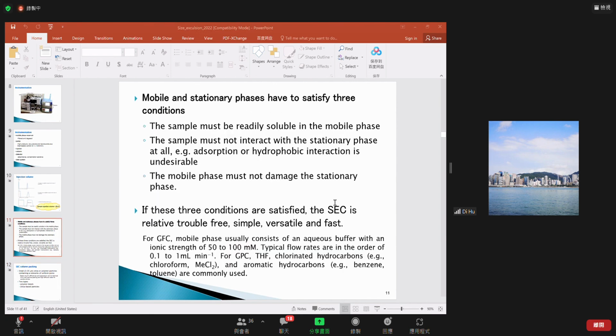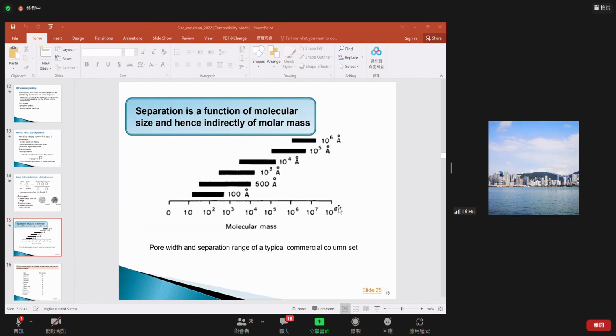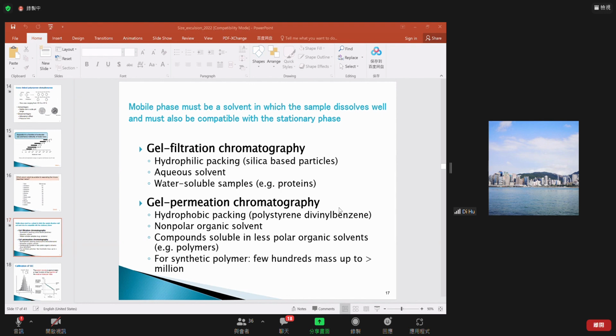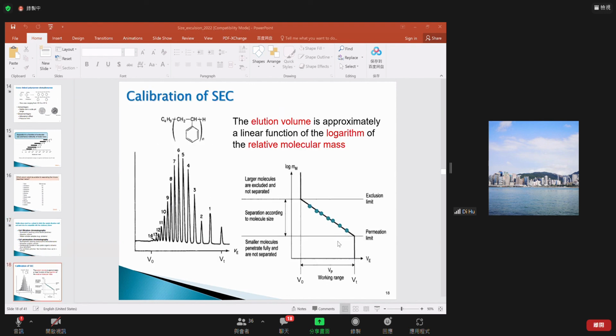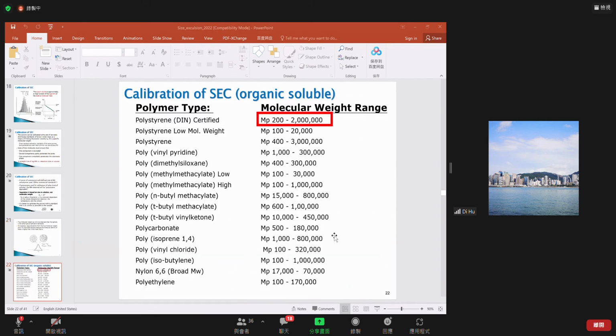There is also something about the mobile phase and stationary phase for size exclusion chromatography. They have some basic requirements, so why is that? And when we use it for calibration for the molecular weight distribution determination, how can we do the calibration?